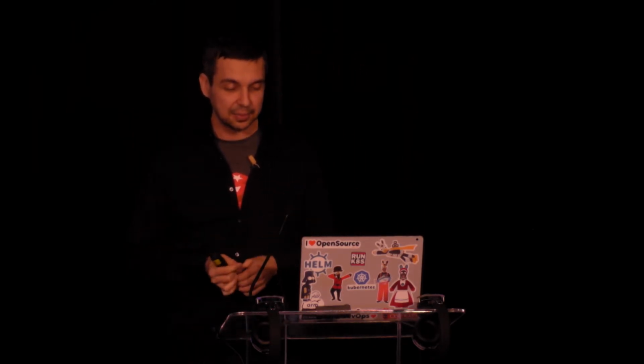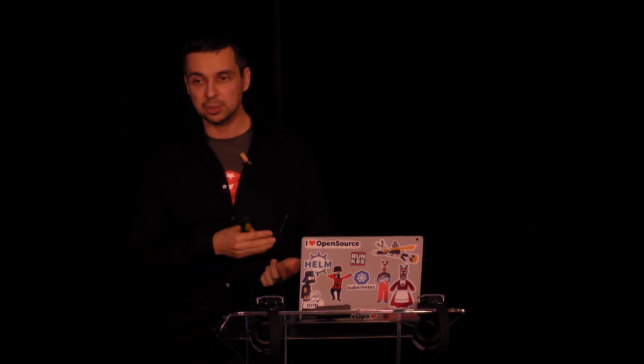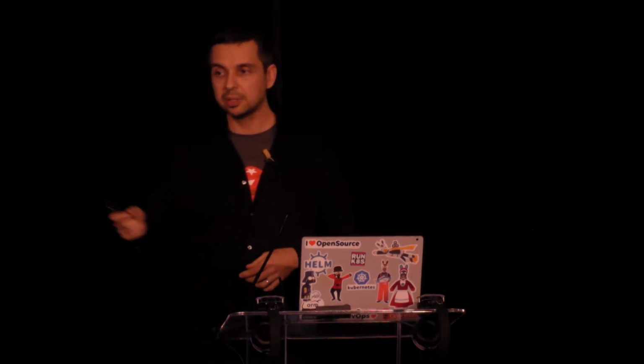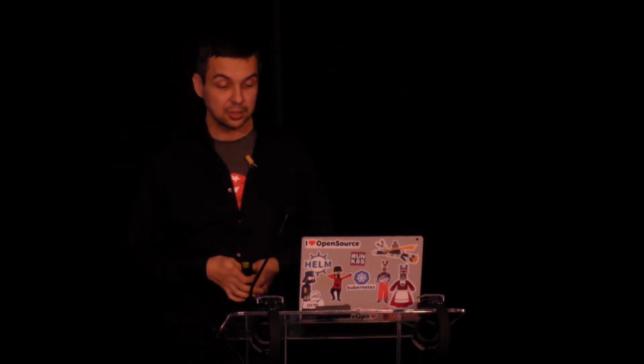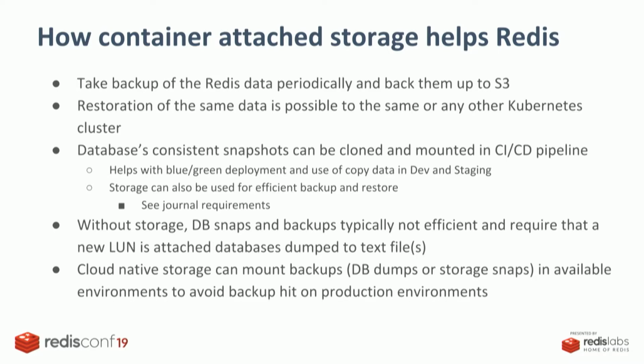You can choose not to have a storage replica and let your application take care of it. But as a backup, you can also have multiple replicas of your storage, just to protect your snapshots if you are not backing up to S3. You can also use storage snapshots to do the same and back up to S3. So that way, wherever you go, or if you lose your node, or if you lose one site completely, you can still recover data.